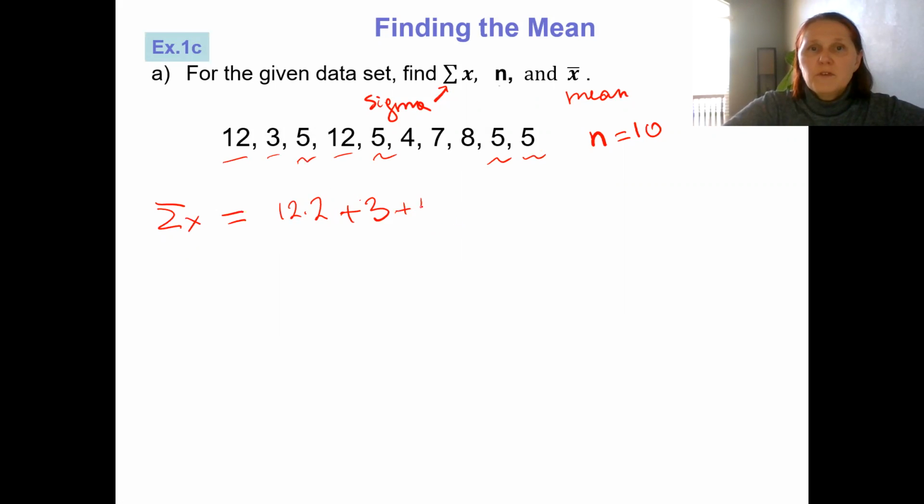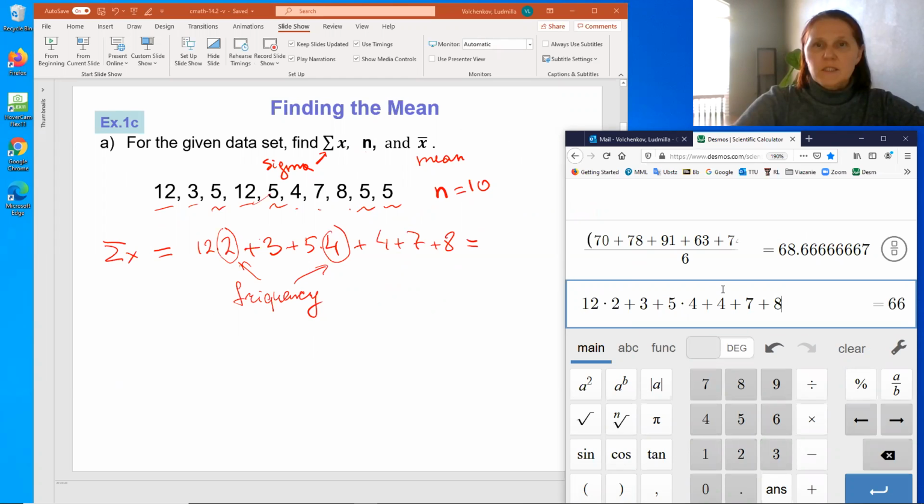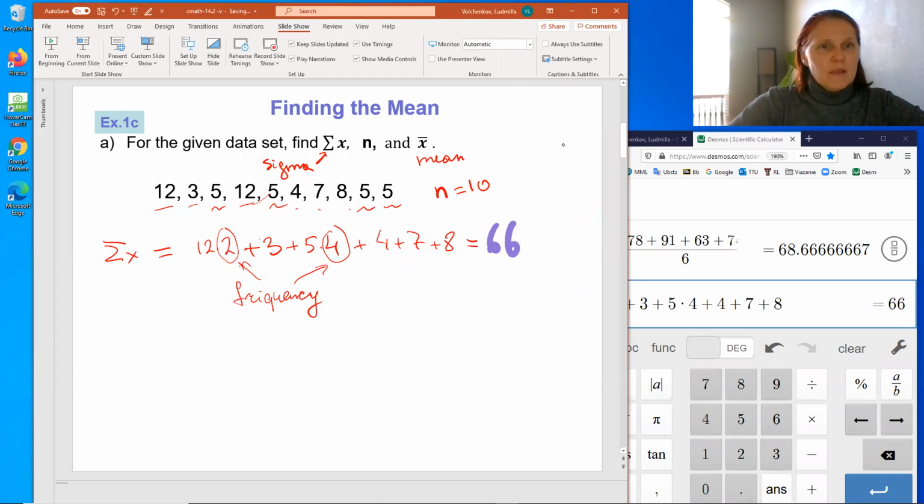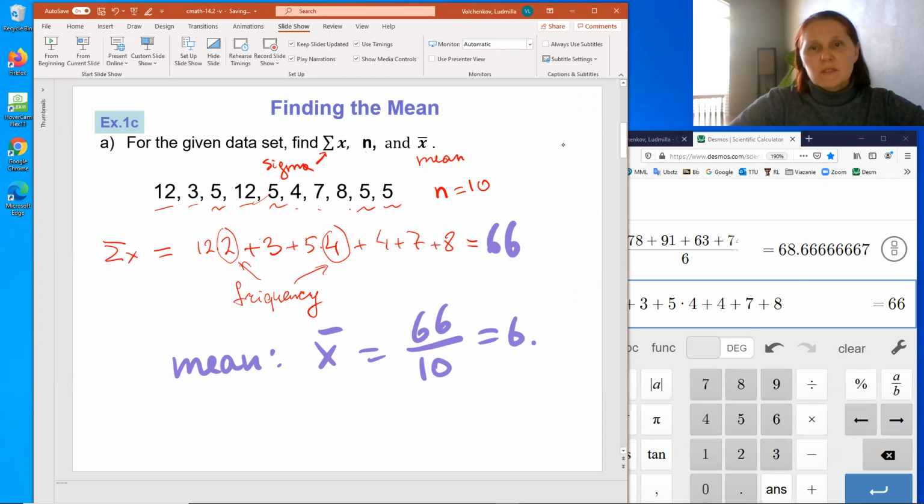We can add 5 times 4. And then another 3 numbers, plus 4 plus 7 plus 8. The sum is 66. Then the mean will be 66 divided by the number of the elements in the set, 10, which is 6.6.